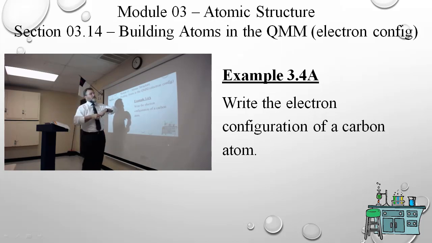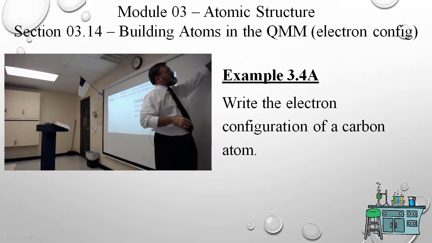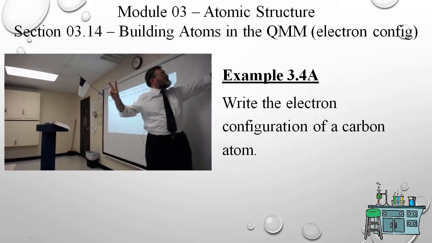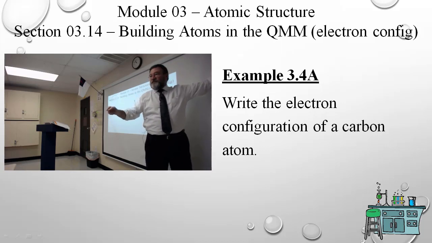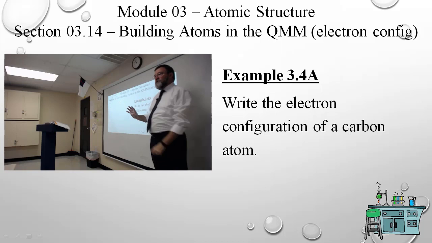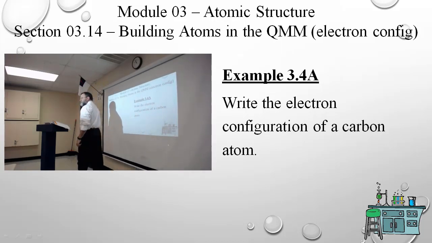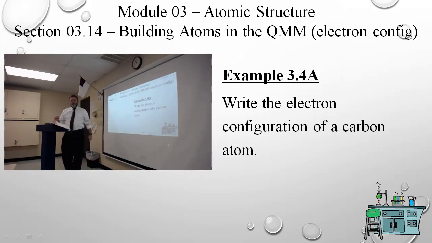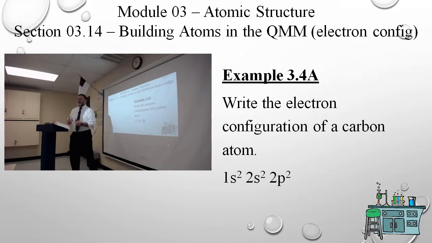I've got 1s2, that's 2 of my electrons. 2s2, that's 4 electrons. 2p, what? It's got to be 6 all together. I've already placed 4. What's 6 minus 4? 2. So it's 1s2, 2s2, 2p2. That 2, 4, 6 electrons are accounted for.